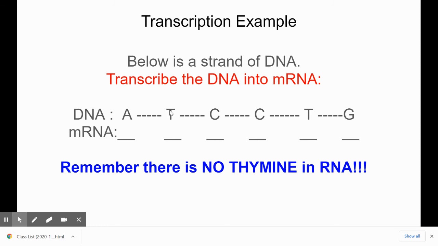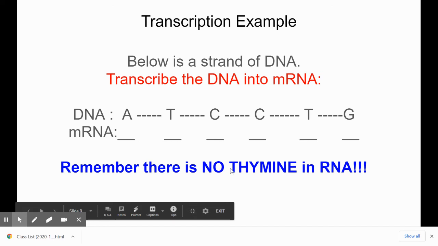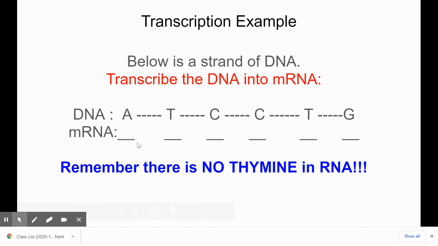I have T for DNA, so I write the letter A for mRNA. I have C for DNA, so I place a G for my mRNA. My other C is also going to be G. My T, I write an A, and my G is going to have a C for my mRNA. Remember, the biggest mistake students make is they want to write a T here for mRNA. You absolutely cannot do that because there's no thymine in RNA. It has to be the letter U for uracil.